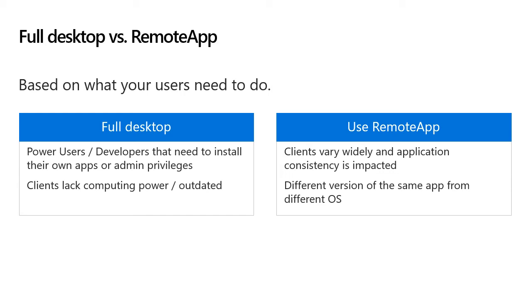So this is useful, for example, where the client PCs vary widely and application consistency is impacted. You may have an application that will run slowly on slow PCs and run faster on newer PCs. But if you want consistent application performance, whether or not the PC is old or new, then you may want to use RemoteApp for that.